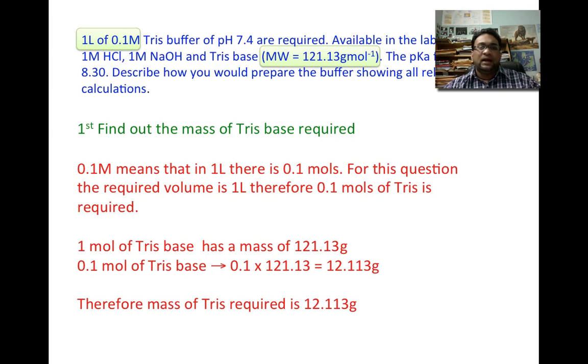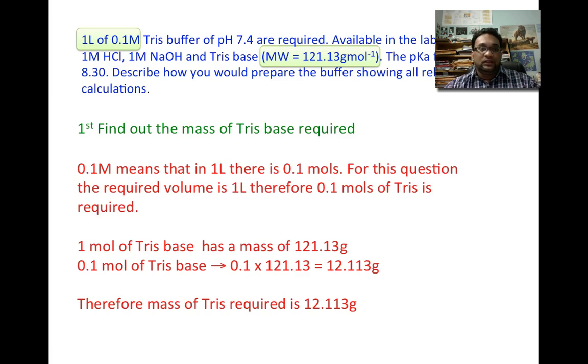Now, if I had asked, for instance, that I wanted 3 liters, then you would have multiplied 3 by 0.1 to get that number of moles that was required in that volume, right? So be careful, because in your question, it mightn't be simply 1 liter. It could be 2 liters, 6 liters, 0.5 liters, you know? So be careful that you will have to multiply that number of liters by the number of moles to find out your total number of moles.